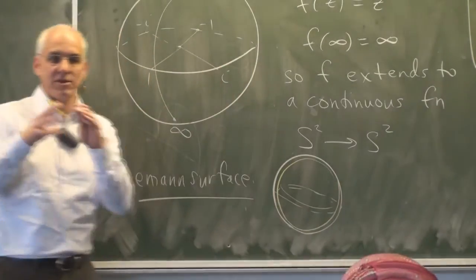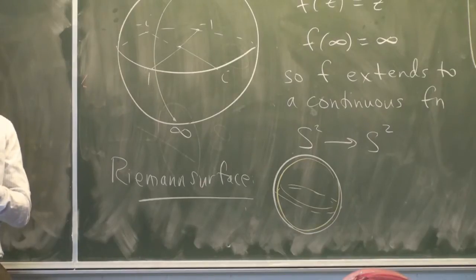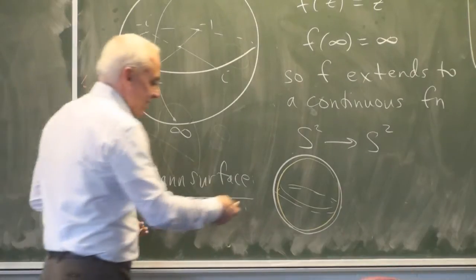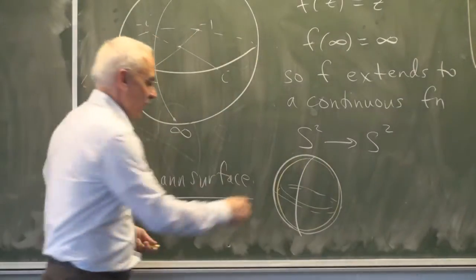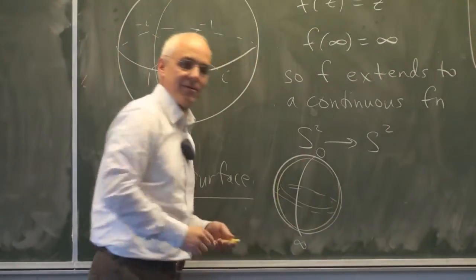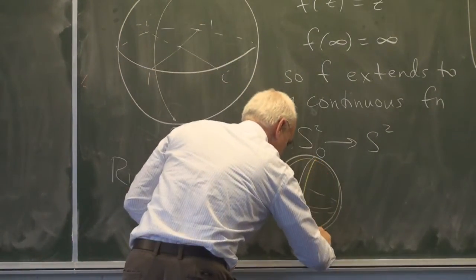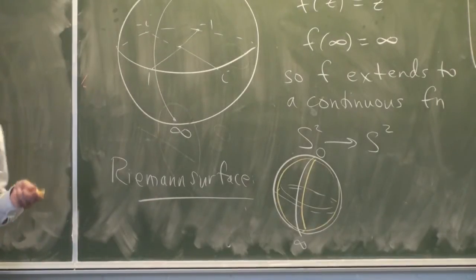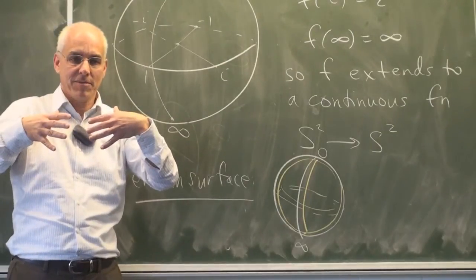So imagine having two copies of the sphere, one in white and one in yellow, but just inside. Now we're going to combine these two, by slicing. We slice the white one from 0 to infinity, and we slice the yellow one from 0 to infinity. Then the image can be thought of in terms of gluing these two shells together.